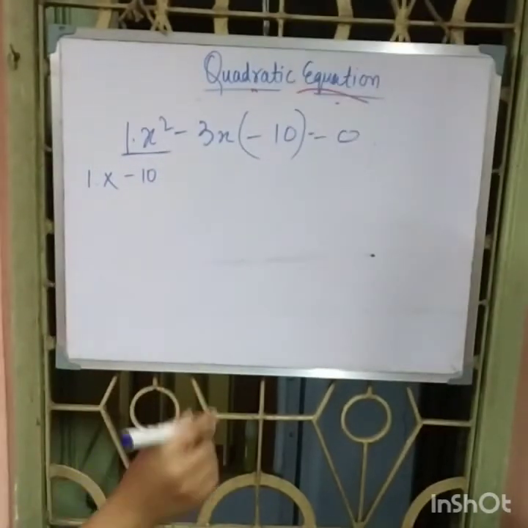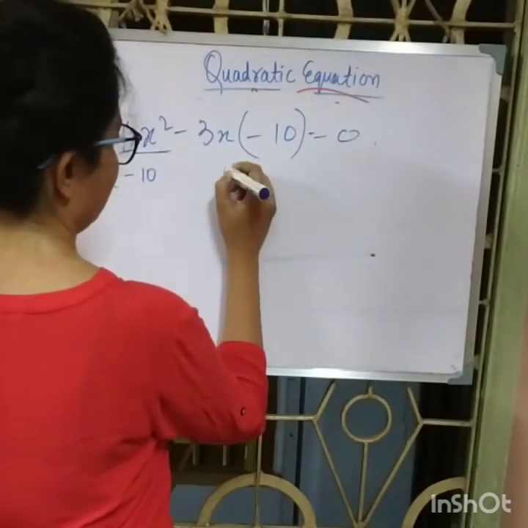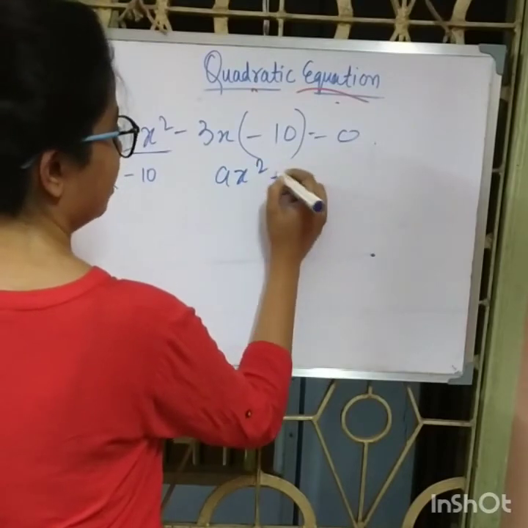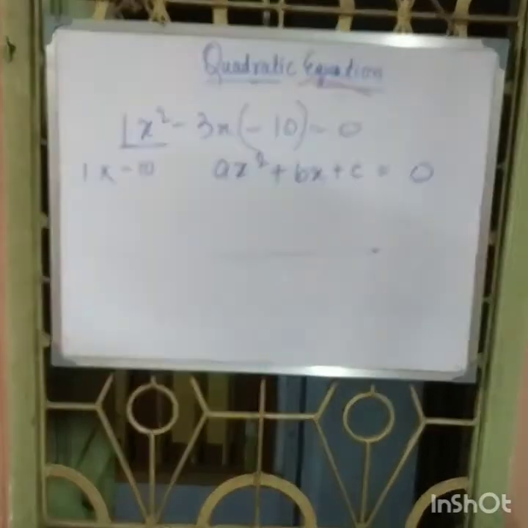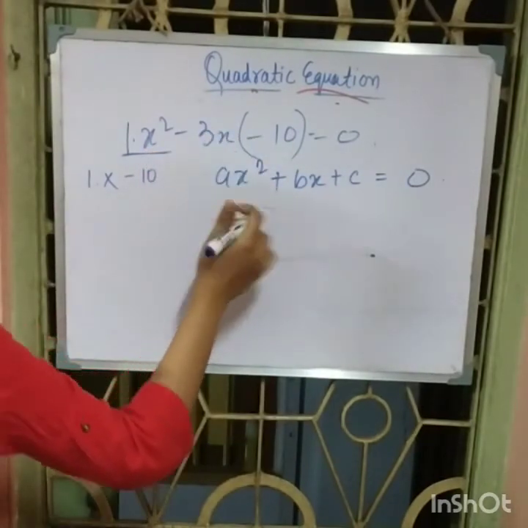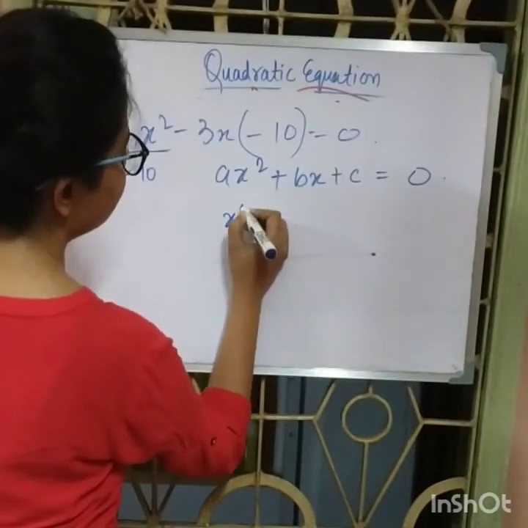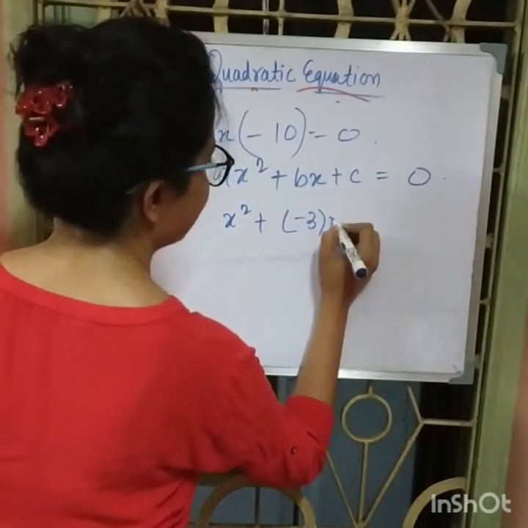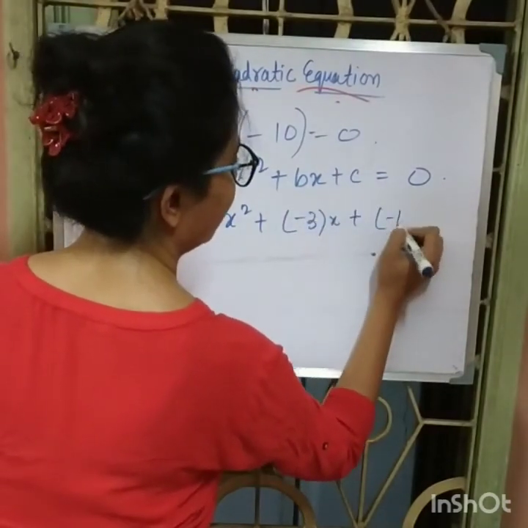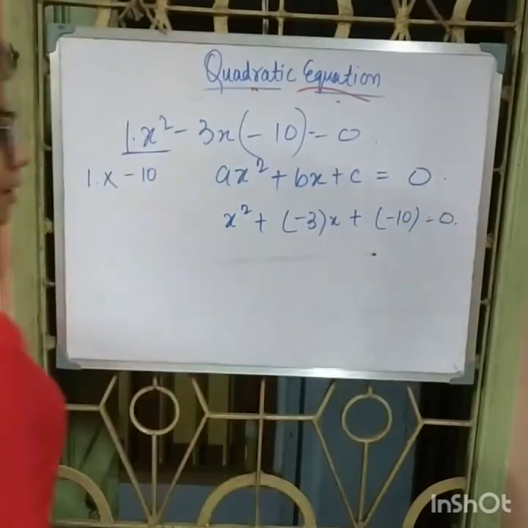Okay. So we need to multiply the coefficient of x square and the constant term. Here the coefficient of x square is 1 and the constant term is, mind it, minus 10 and not only 10, because I've shown you the general form of a quadratic equation is this. When we compare this equation with this, we can write it in this form.